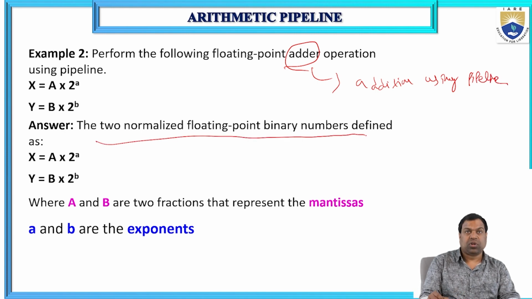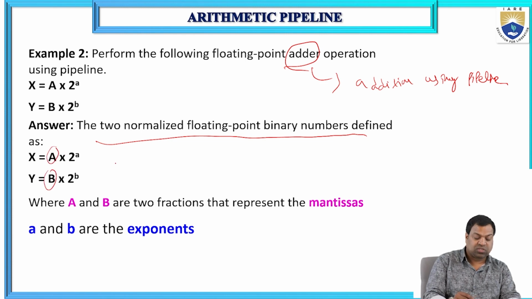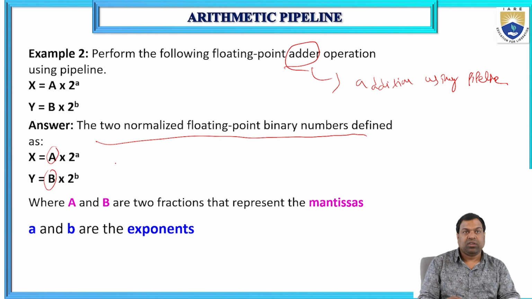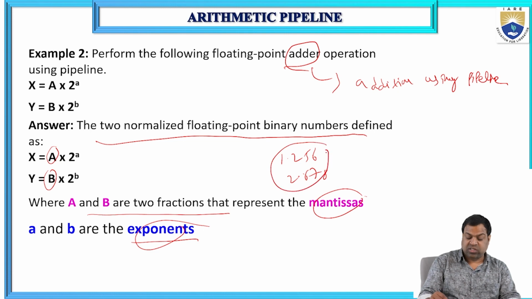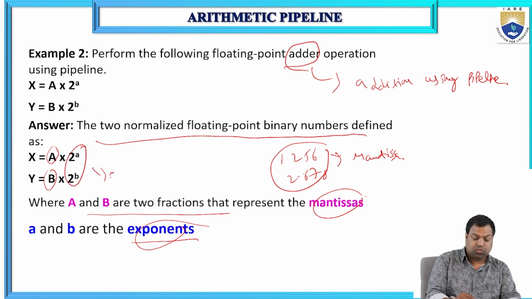Answer: the two normalized floating point binary numbers are these floating point numbers. A and B are the two fractional numbers, for example 1.256 or 2.678, and 2 power a and 2 power b are the exponents.